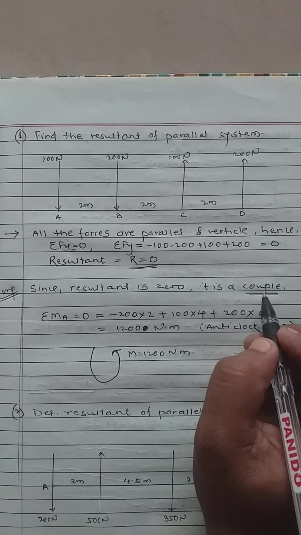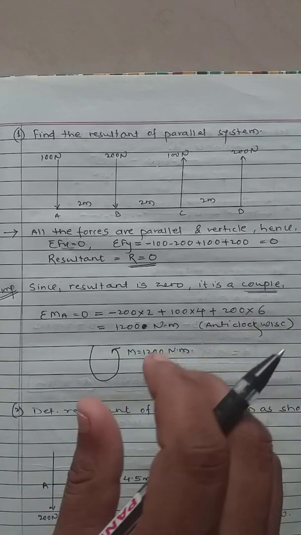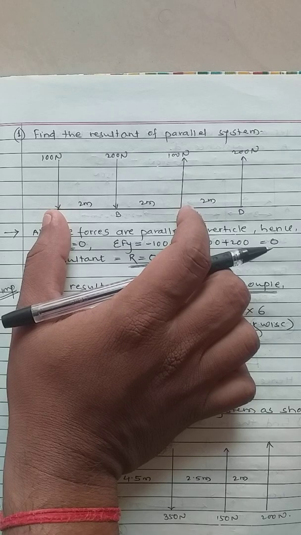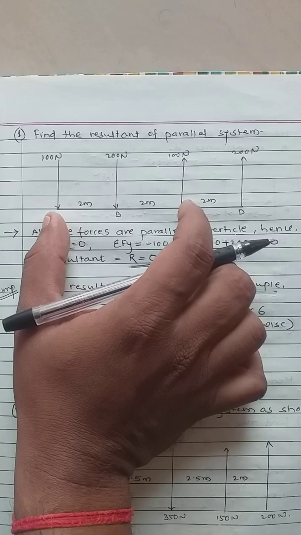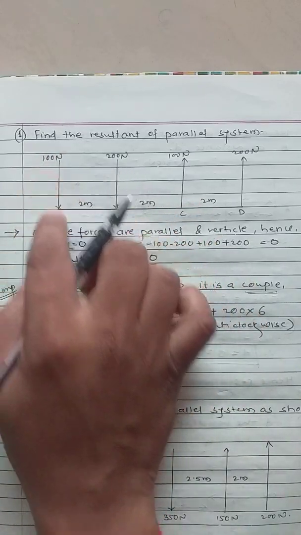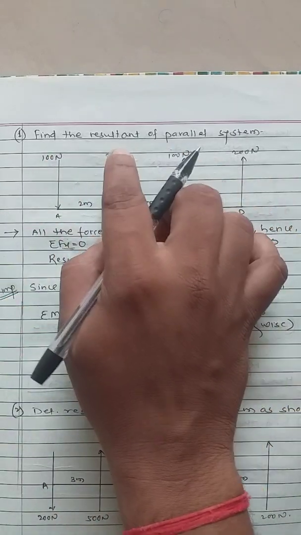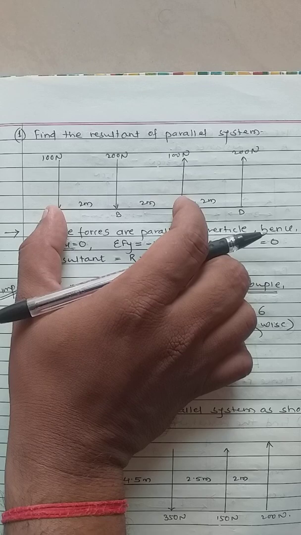If it is a couple, what is the magnitude of the couple? As I said, 100 and 100 is one couple, and 200 and 200 is another couple. Simply consider this 100, this is anticlockwise, and this is also anticlockwise. So minus 100 into 4, minus 400.